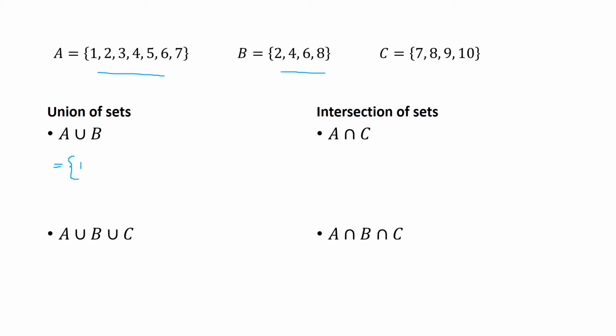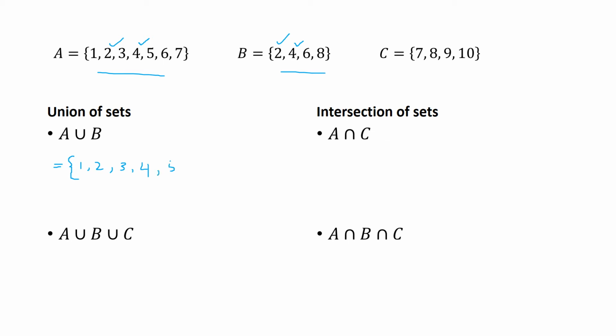So 1, 2. Look, 2 is in both sets. We will write it one time. 3, then 4. 4 is in two sets. We cannot write 4 two times because it violates the definition of sets. It is to be one time.